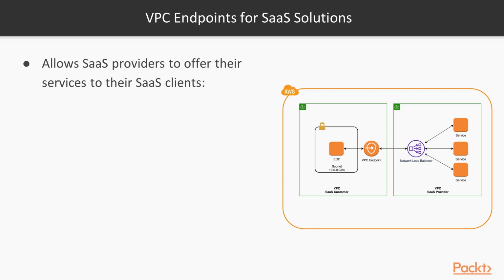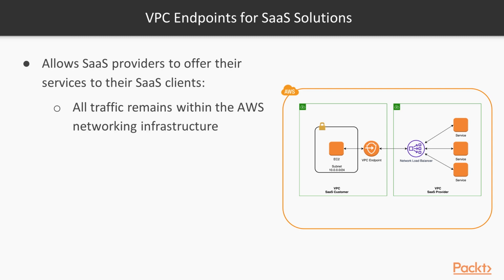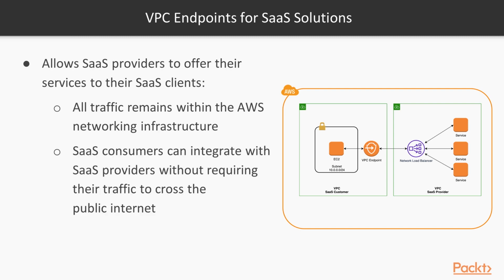Similarly, this is a much more secure environment to integrate SaaS products with your application, because you are keeping all of your network traffic secure within the AWS environment. As I said, all traffic remains within the AWS network infrastructure, and SaaS consumers can integrate with SaaS providers without requiring their traffic to cross the public internet.